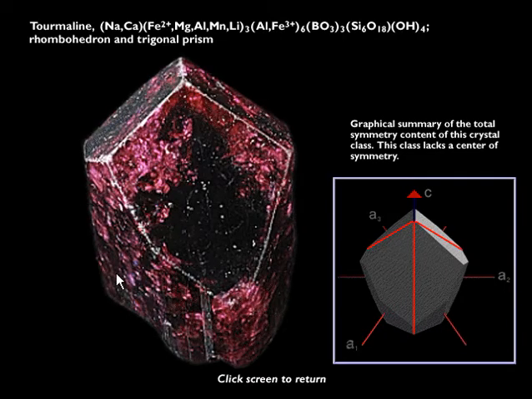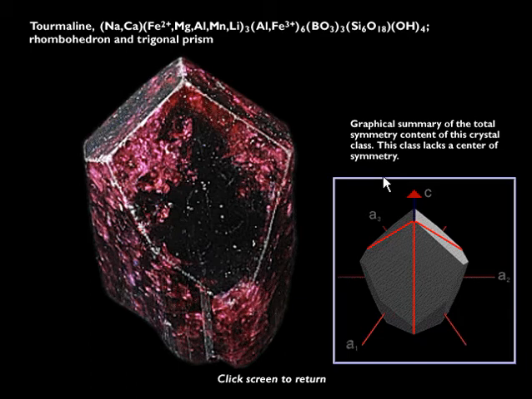Therefore we have a very nice crystal, a tourmaline containing sodium, calcium, iron, magnesium, aluminium, manganese, lithium, also some boron inside, silica, and also an OH4 group. It forms a rhomboedron and a trigonal prism.